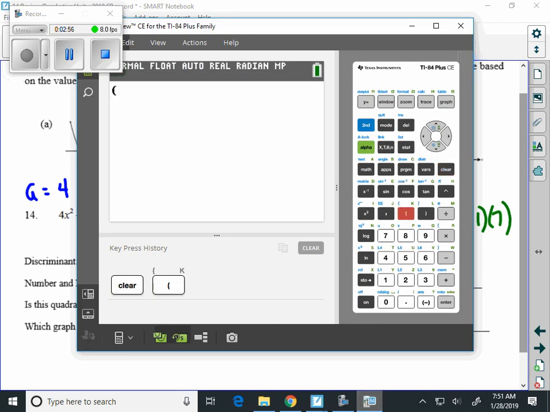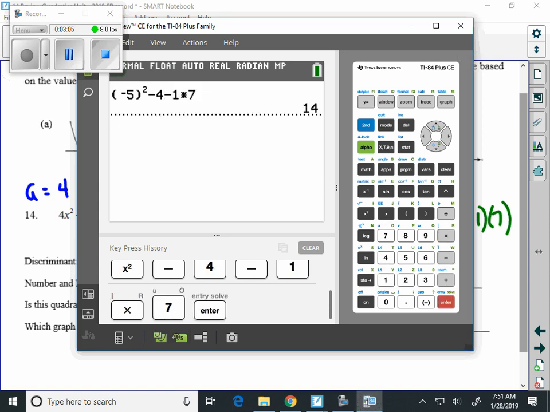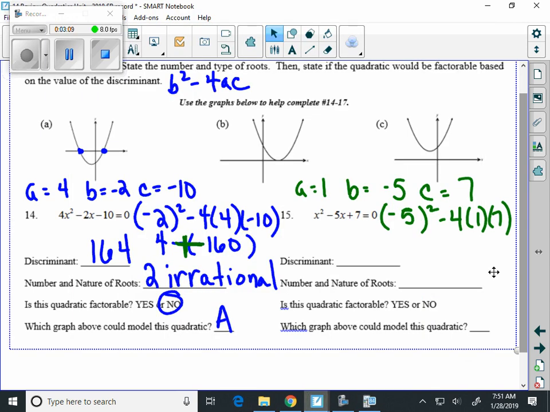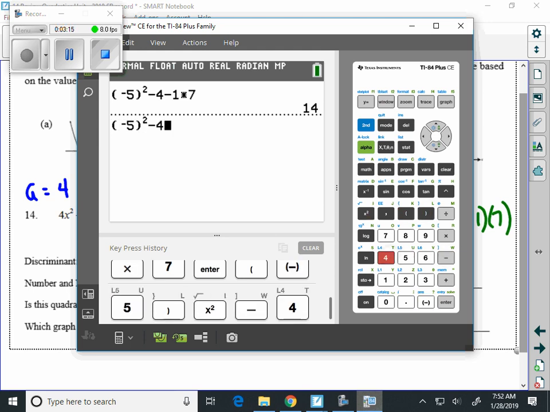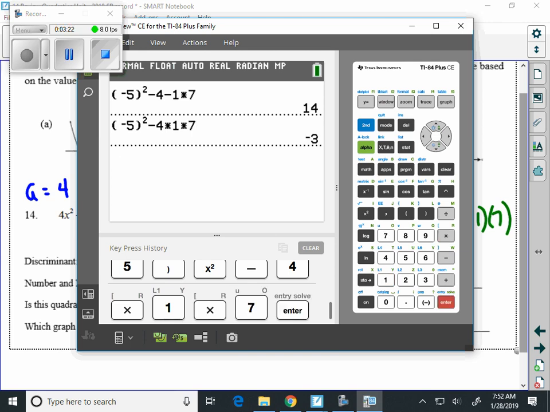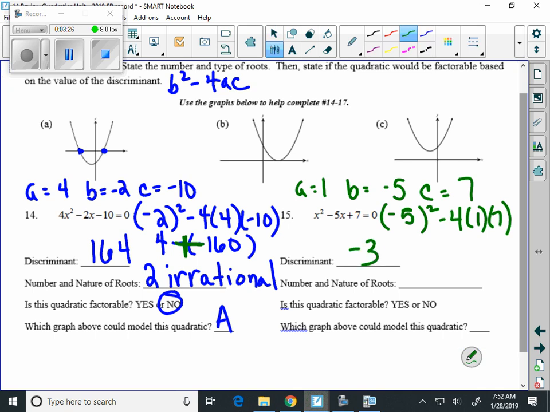Again, you want parentheses, -5 squared minus 4 times 1 times 7. And when we type enter here, I need to check, I typed it in wrong. Try it one more time. -5 squared minus 4 times A times C. I just didn't get that times in on that one, and we get the value of -3. So our discriminant here is -3.